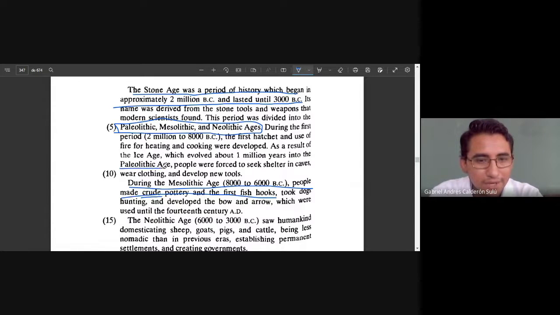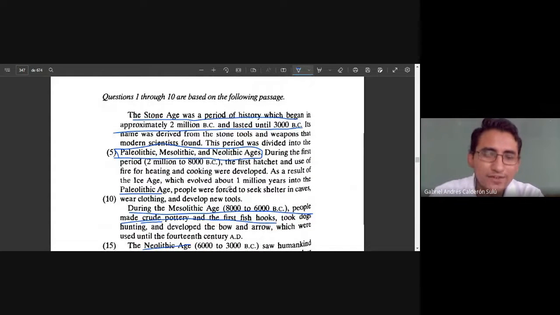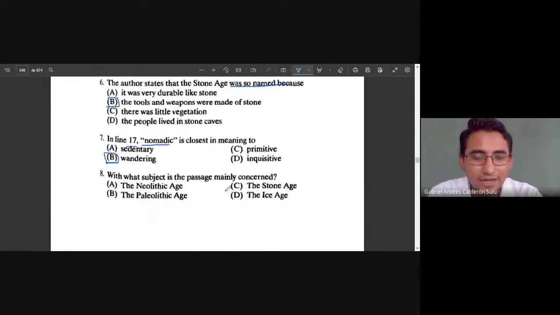So in general, yes, like you said, it's about the Stone Age. And then the next paragraphs are only giving more information about the ideas in the first paragraph. So yes, the Stone Age is the correct answer. Well done, my friend.